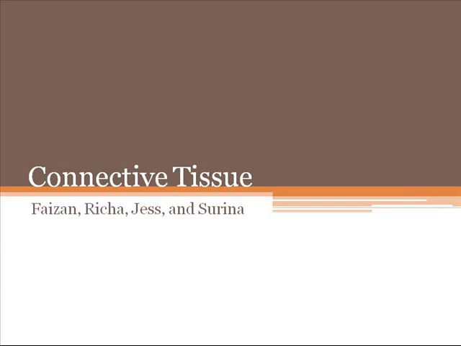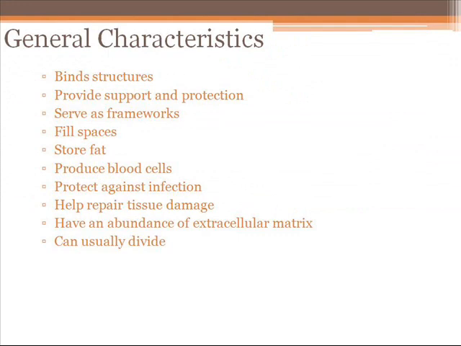Of the 4 major types of tissue in the human body, our project focuses on connective tissues. Connective tissues make up much of the body and are the most abundant tissues weight-wise.